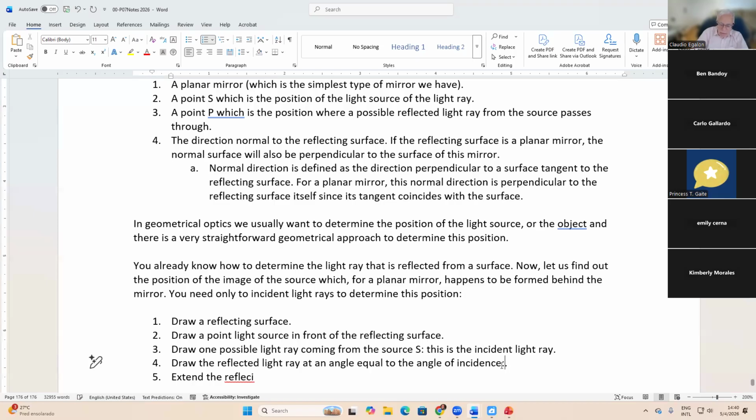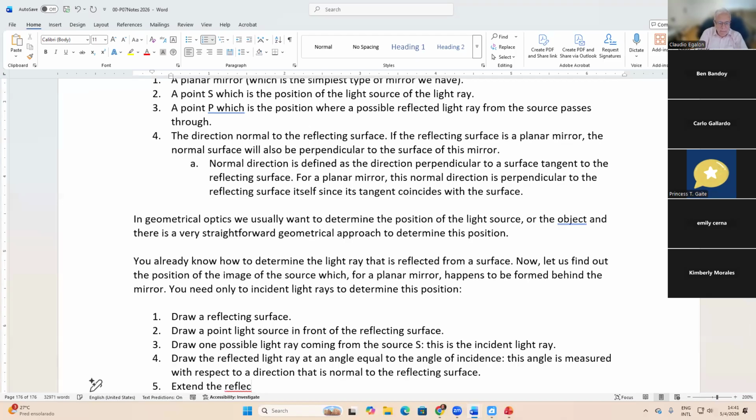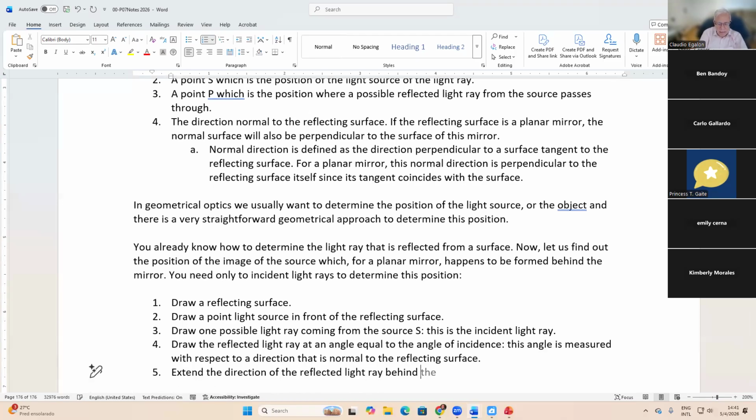Don't forget, this angle is measured with respect to the direction that is normal to the reflecting surface. Extend the direction of the reflected light ray behind the mirror.